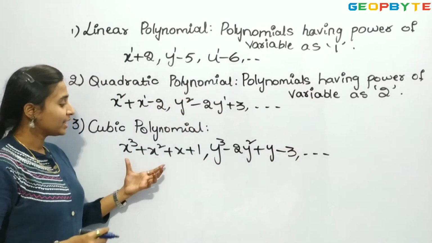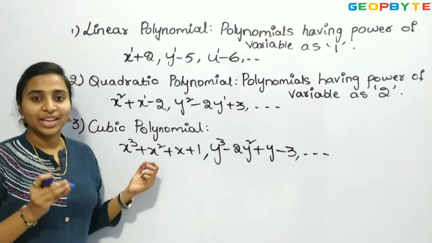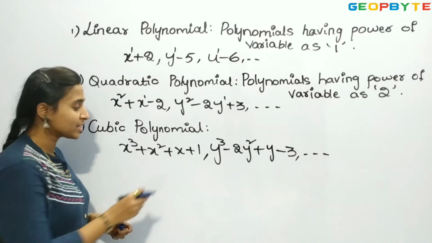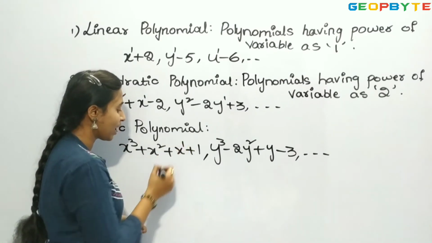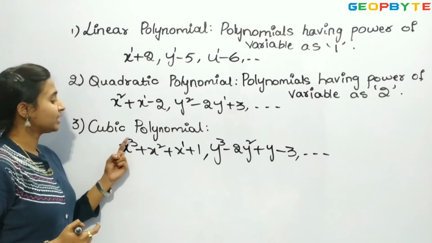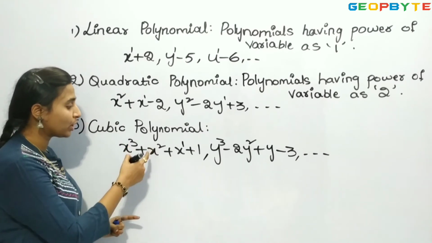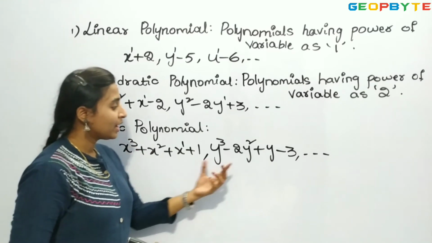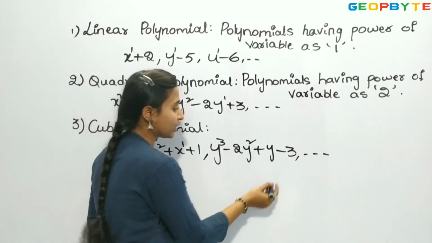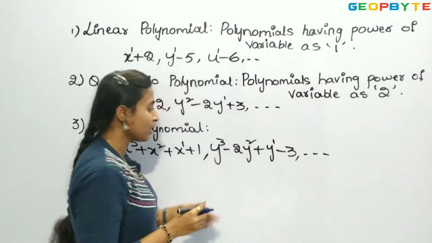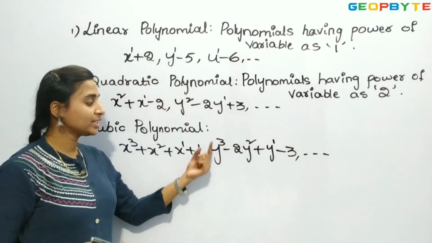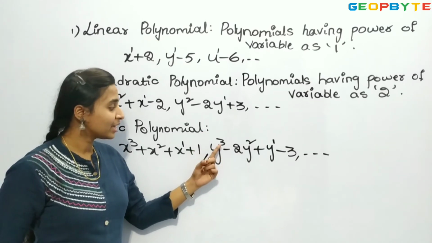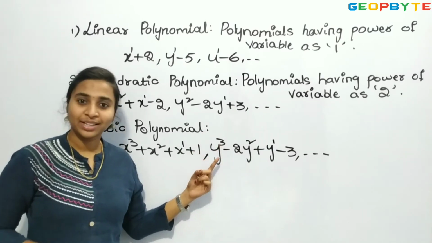See, in this polynomial we have the highest degree as 3. Here also we have the variable x, but for this x we have power 1, for this 2 and for this 3. So, in this polynomial, the highest power is 3. And here, for this variable, we have power 1, for this 2 and for this 3. So, in this polynomial also, the highest power is 3.